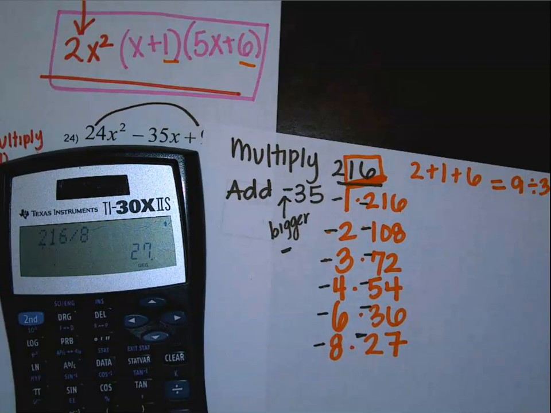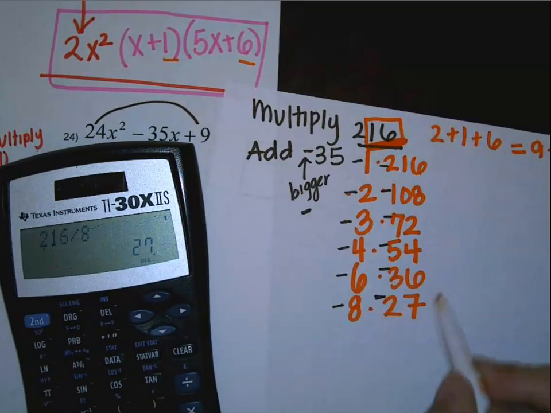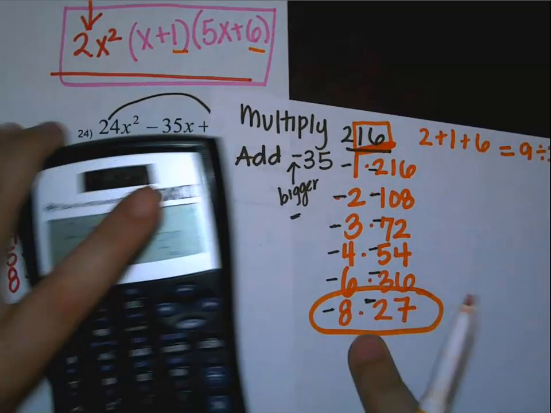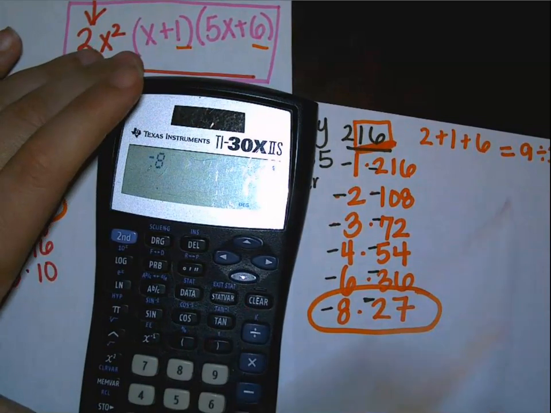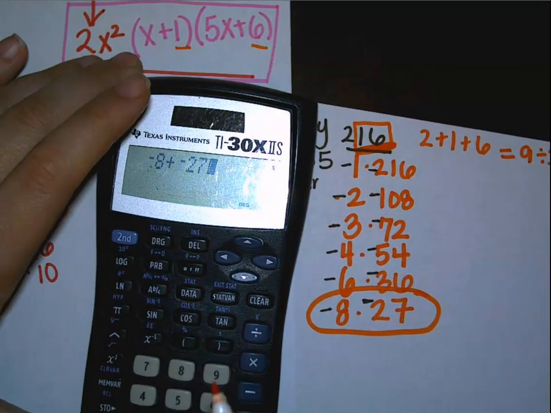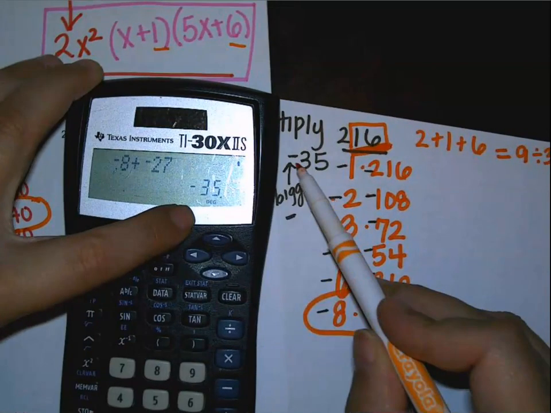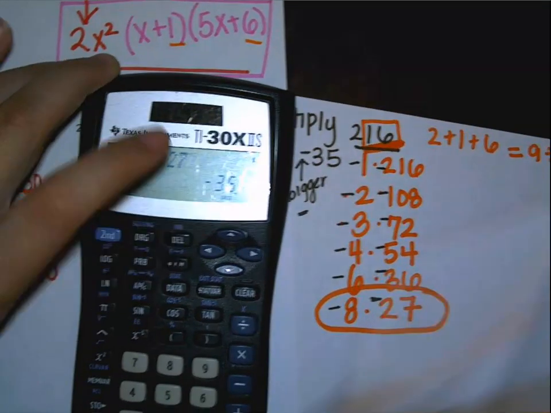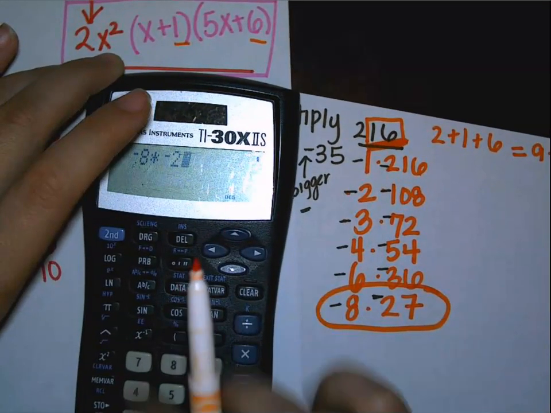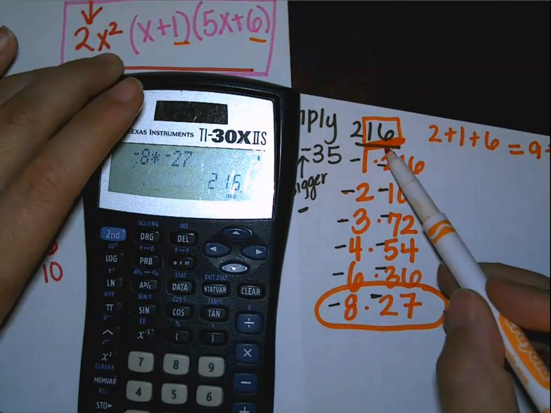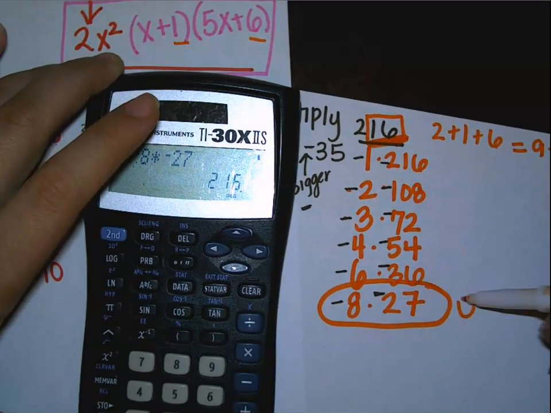So I have to find out which ones are going to add to make negative 35. If I check these ones, negative 8 plus negative 27 makes negative 35. And then when we multiply them, it makes 216. So that's how I know to pick these two numbers.